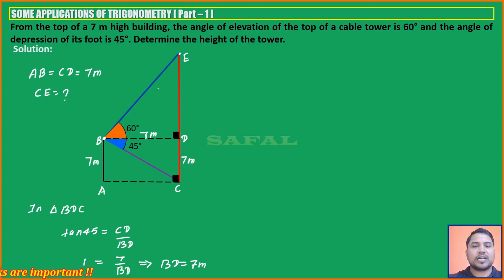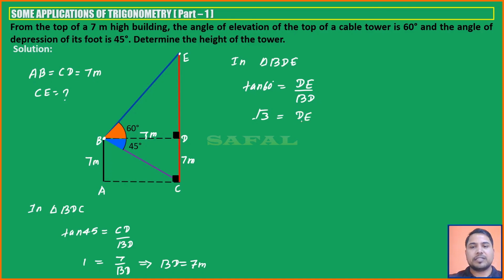So now we can consider this top triangle BDE and we can try finding DE. So in triangle BDE, from here I can write tan 60 equals DE by BD. Now tan 60 is root 3. DE we don't know. BD we have just found, 7.